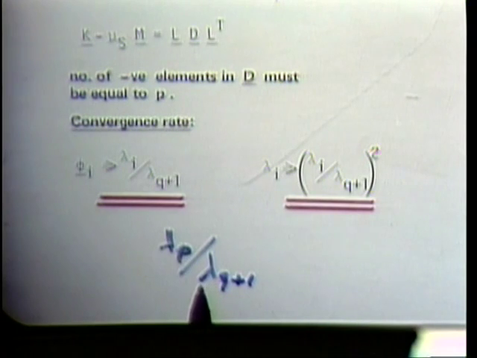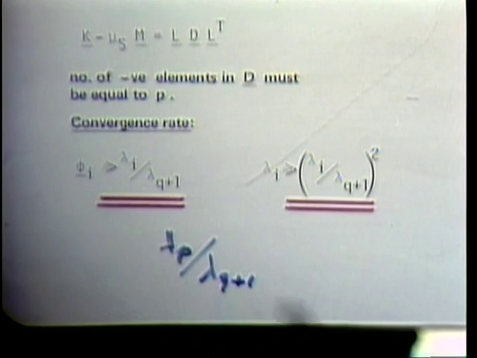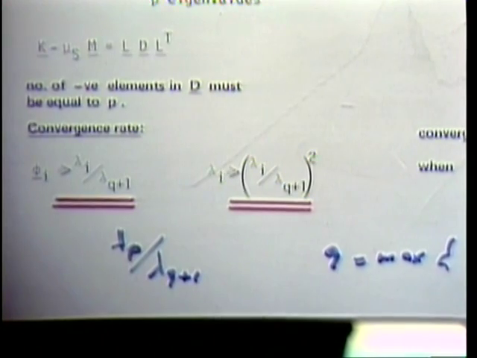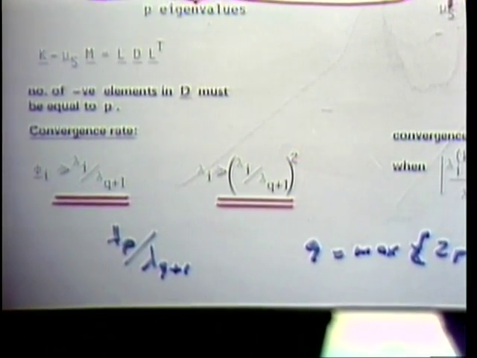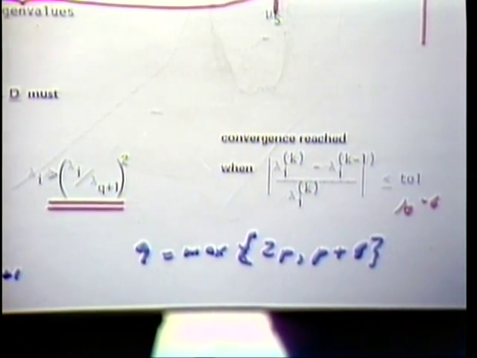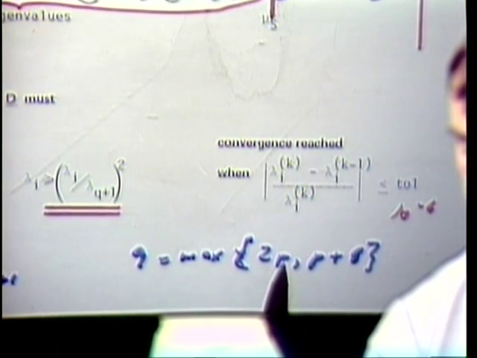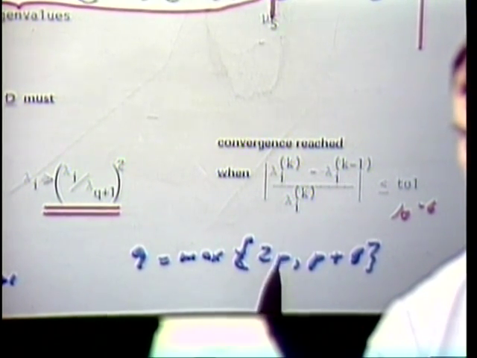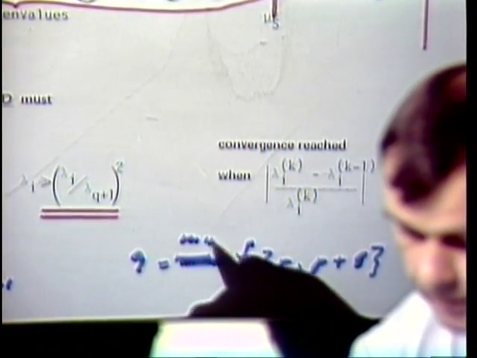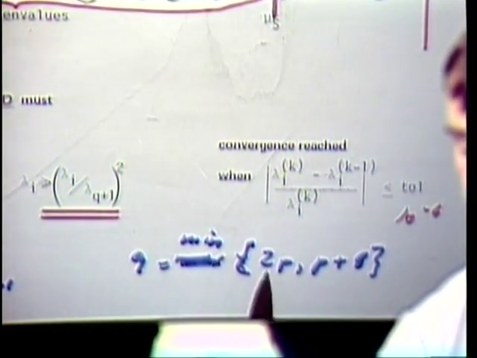For example, we might choose q to be typically, as an example, the minimum of 2p and p plus 8. This is a formula that we have used with quite a lot of success. In other words, when p is equal to 4, we would have 8 here.